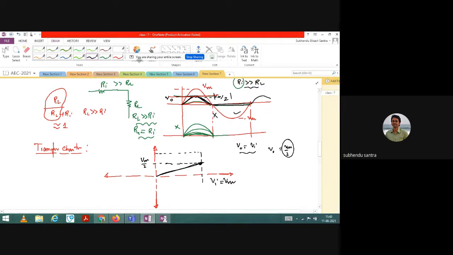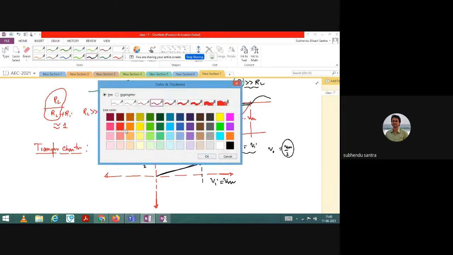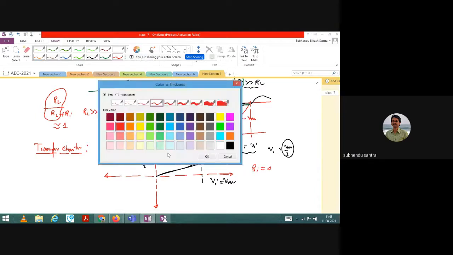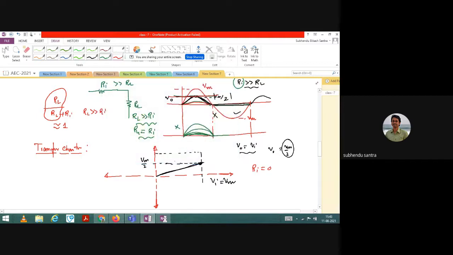But in the previous example, I took Ri to be 0, and in that condition it will go up to Vm. That was the characteristics. But now, due to the internal impedance, the transfer characteristic falls, and the maximum it will go to is Vm by 2.